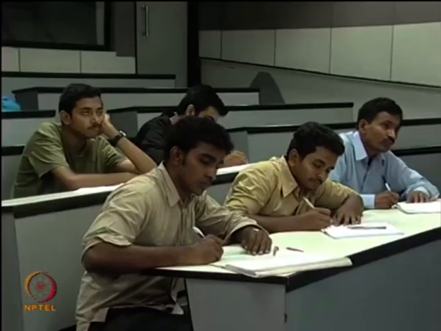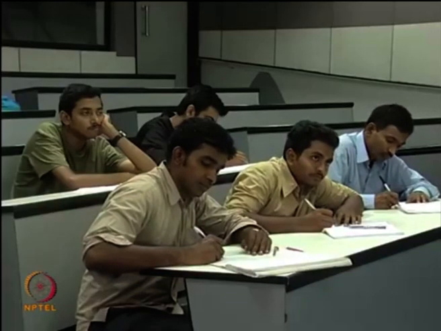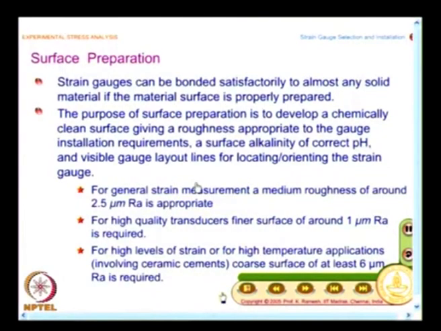That is the reason why the strain gauge carrier comes with markings on it. And when you look at the kind of roughness, it varies. For general strain measurement, a medium roughness of around 2.5 micrometer is appropriate.